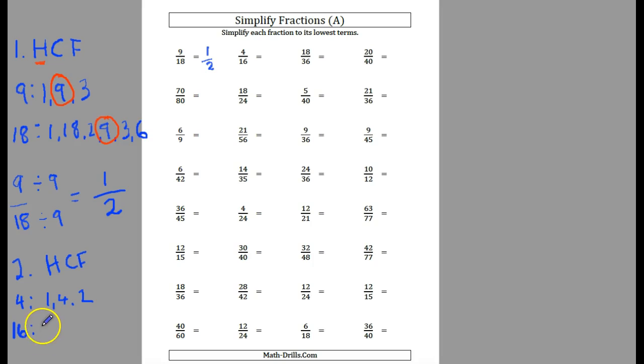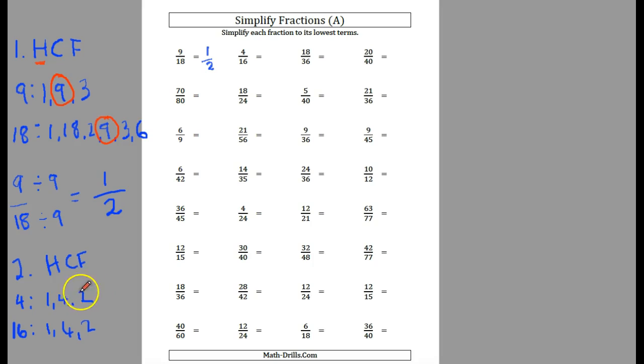With 16, because I'm only looking for common factors, I can ask, does 1 go into 16? Yes, it does. Does 4? Yes. And does 2? Yes. So it has in common those 3. I don't need to write all the factors of 16. It's a bit of time wasting really, because I know that 8 doesn't go into 4, neither does 16.